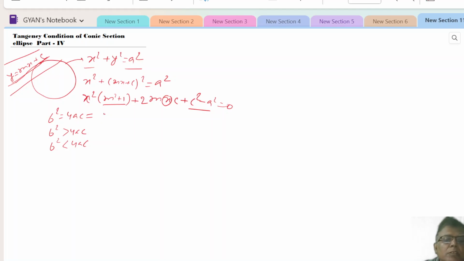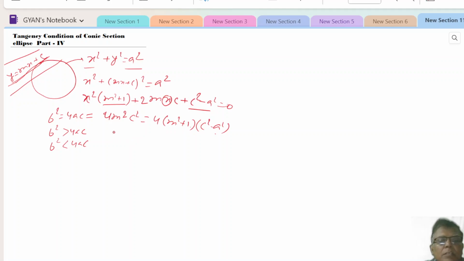That means 4m square c square should be equal to 4 times (1 plus m square) times (c square minus a square). So you solve further.